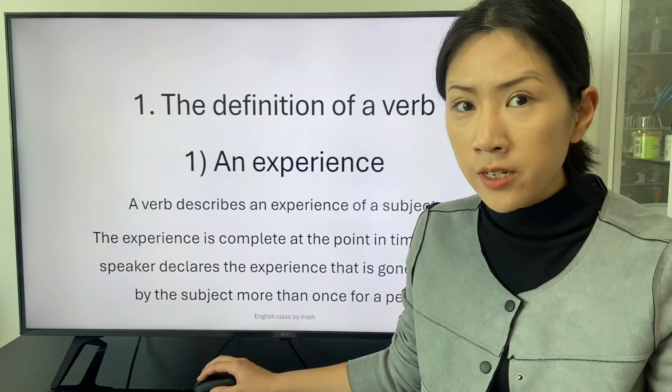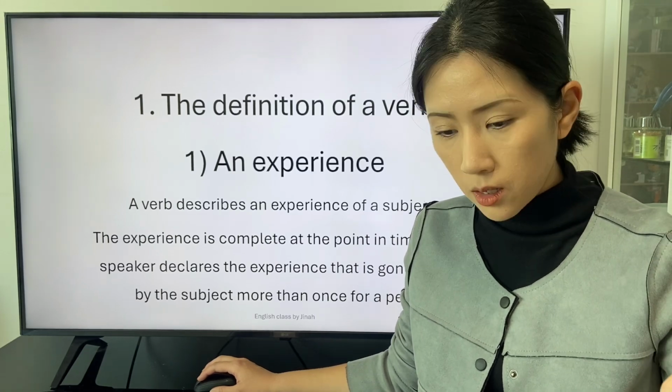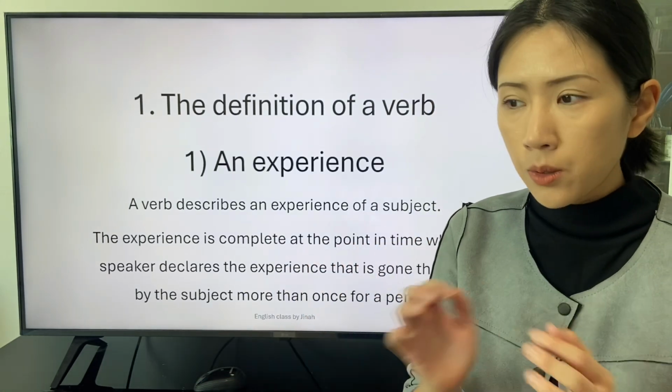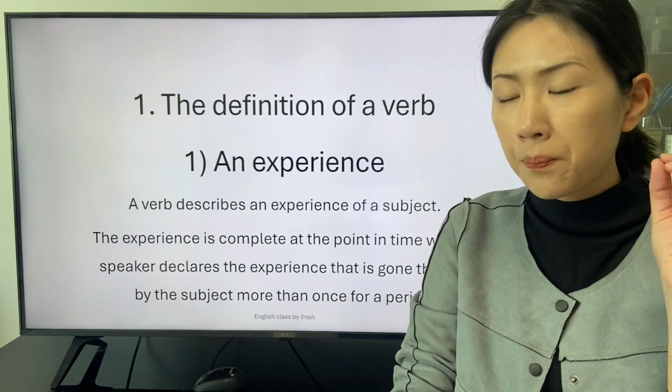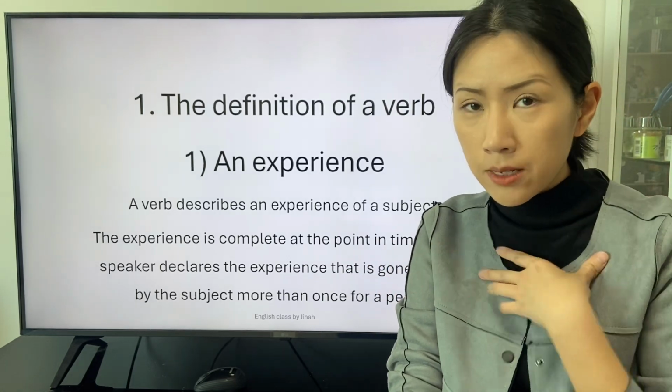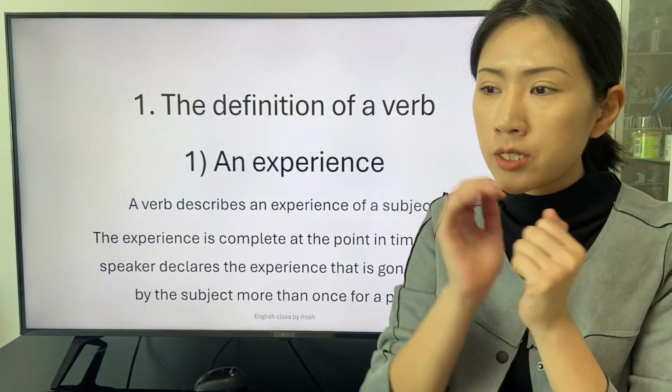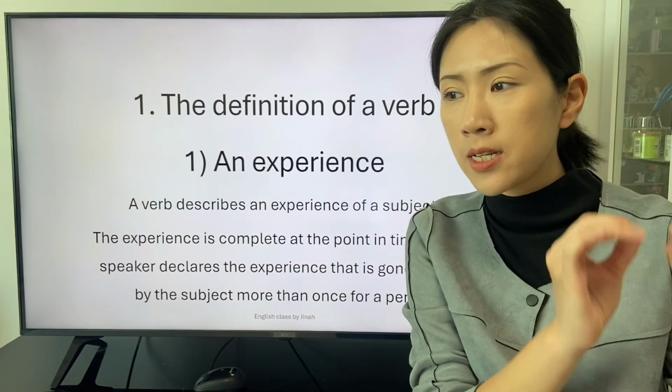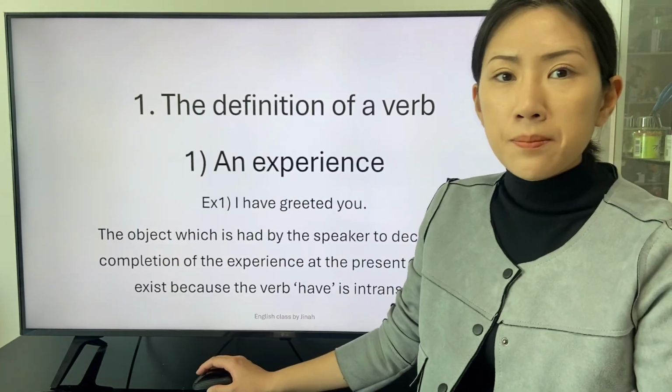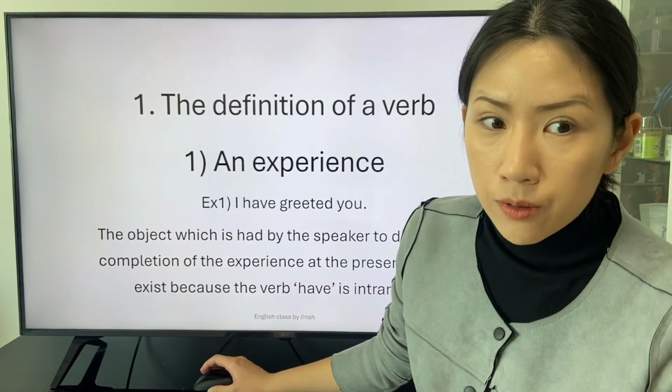The completion of the experience is determined with the point in time that the speaker declares that the experience is expired. For example, I have greeted you.